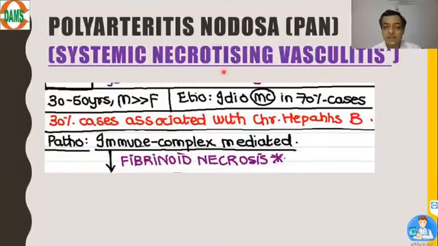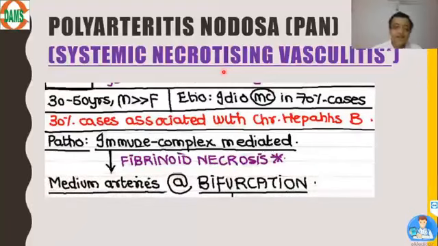The new name is systemic necrotizing vasculitis because immune complex disease causes fibrinoid necrosis, where it affects the medium-sized vessels right at the bifurcation.